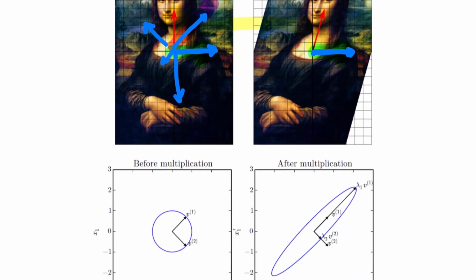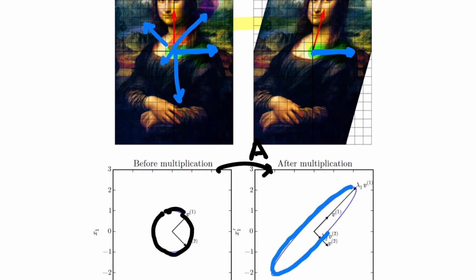Here is another example. When you think about the input space, something like this, and by multiplying some matrix A, let me say the shape of the output is something like this, right?